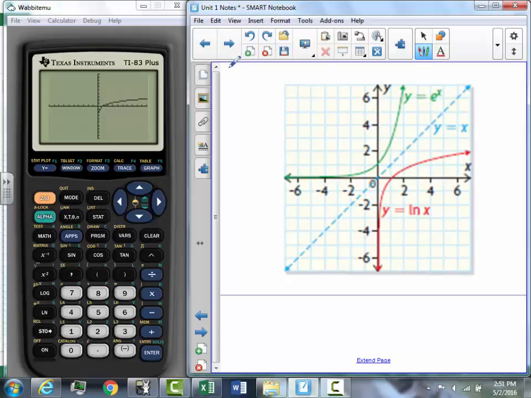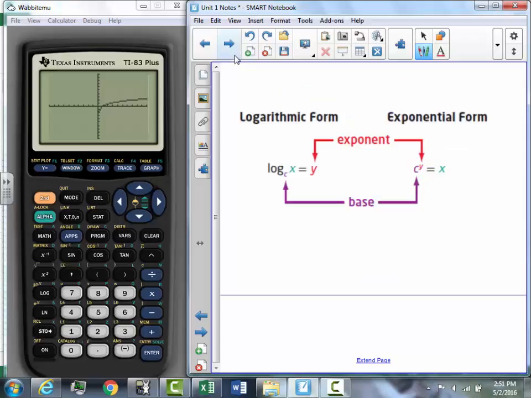Wait, what do I got left? Just more pictures of how these graphs work. We're going to talk about this tomorrow, I think. Tomorrow we're going to talk about how exponents and logarithms have such similar characteristics that there are some rules we need to learn. And this is one of them. It involves talking about how logs have a base down here. But I think, is this my last slide?